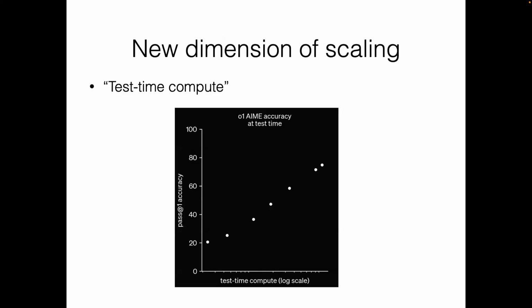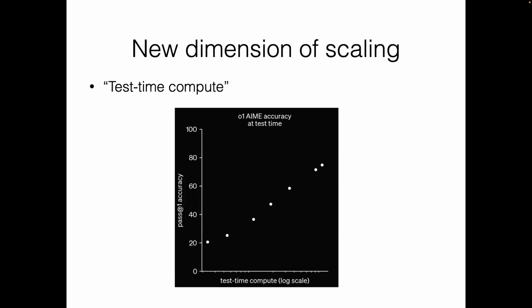Well, here's a plot, and you might have seen this blog post at the time. This was from OpenAI, and they had this model called O1. On the x-axis, you can see that they have something called test time compute. And on the y-axis, you have the accuracy on this benchmark, which at the time was extremely difficult. People were really having trouble making progress on it.